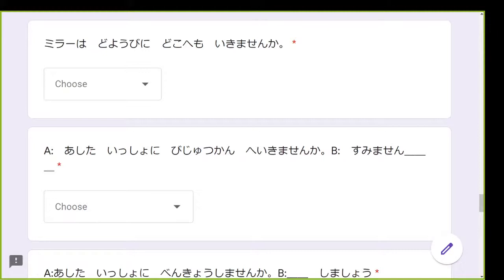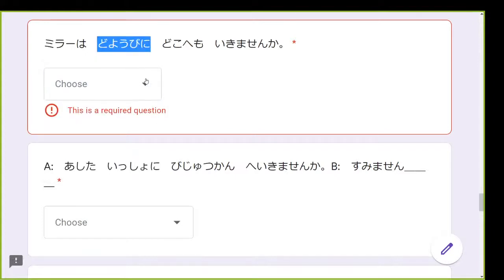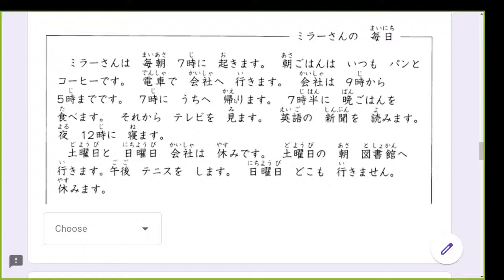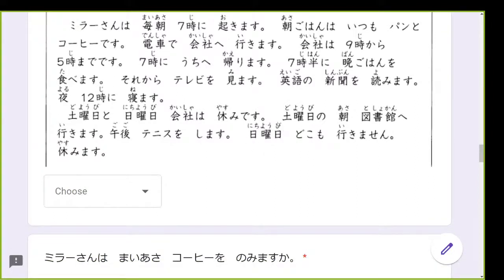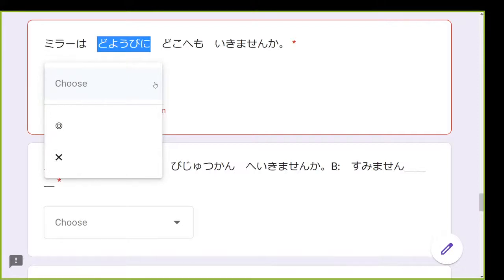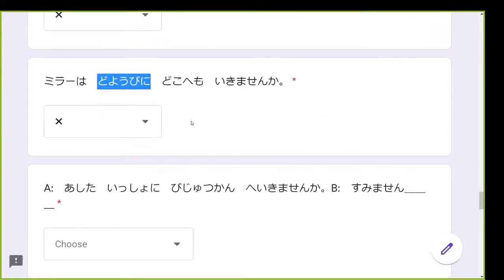ミラーさんは土曜日にどこへも行きませんか？ Okay, 丸バツ。丸。土曜日, Saturday. Based on the story, what day does he not go anywhere? 日曜日。Because on Saturday, he goes to the library in the morning. So is it 丸バツ？ Batsu. It's batsu because it's not true that he doesn't go anywhere on Saturday.